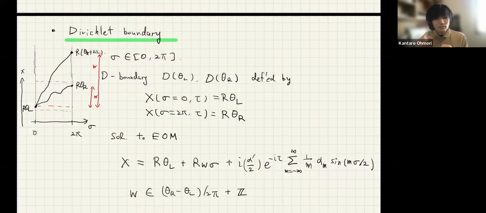So W has to have some fixed offset, precisely theta R minus theta L. Sorry, 2 pi r W to be precise.